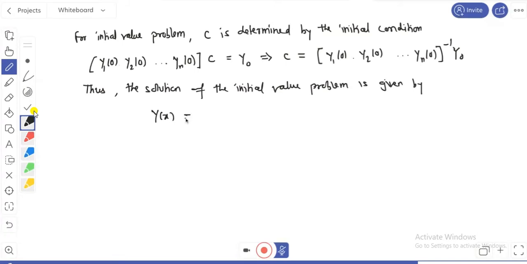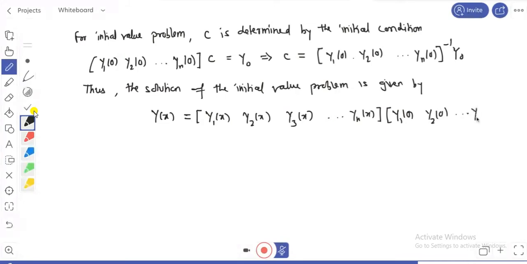So y(x) equals y1, y2, y3 up to yn with constant c. And what is constant c? You can find c by using the initial condition. You get c is y10, y20 up to yn0, that inverse of this, times y0.